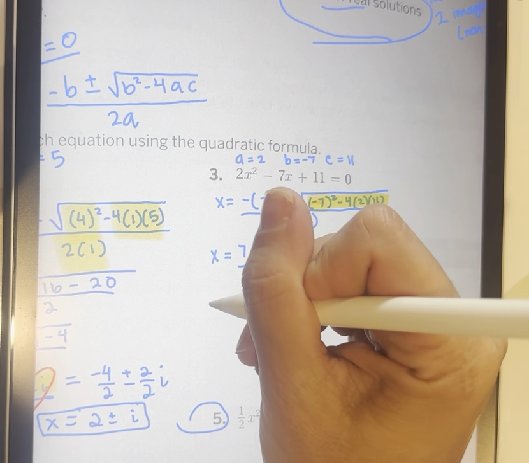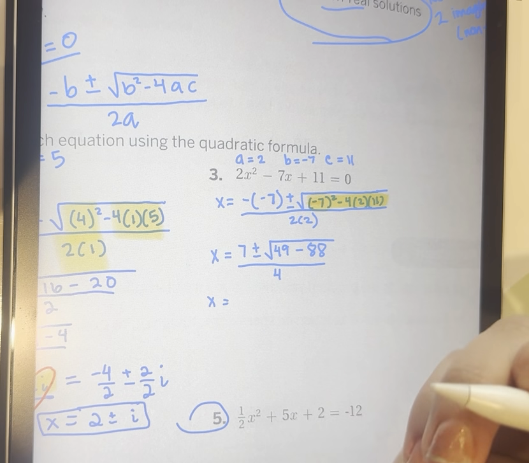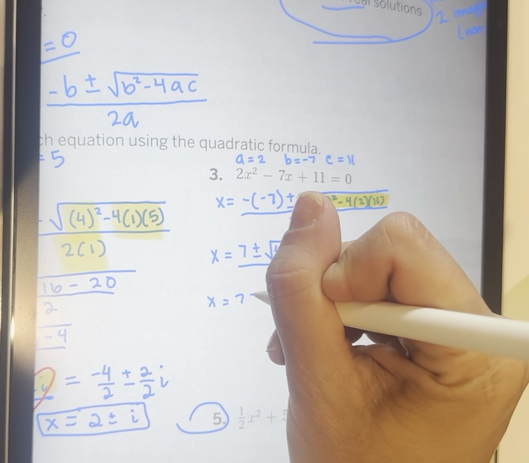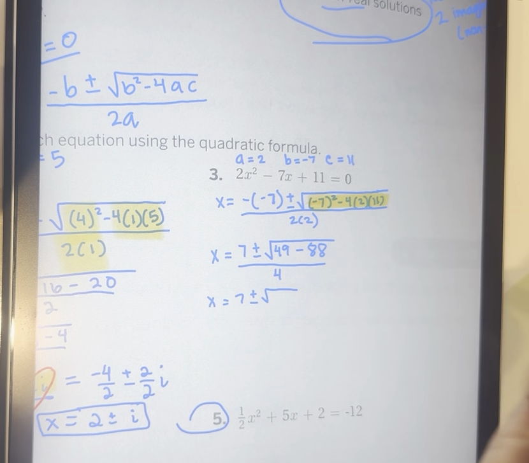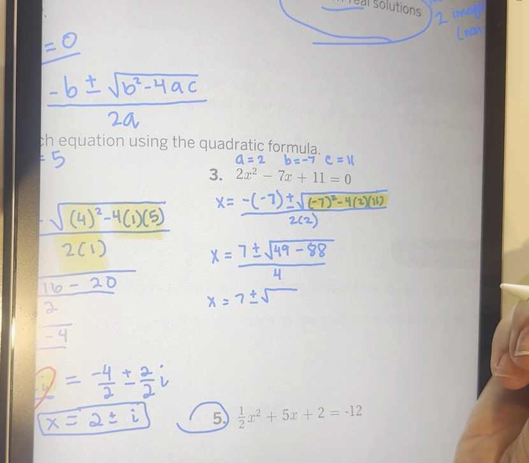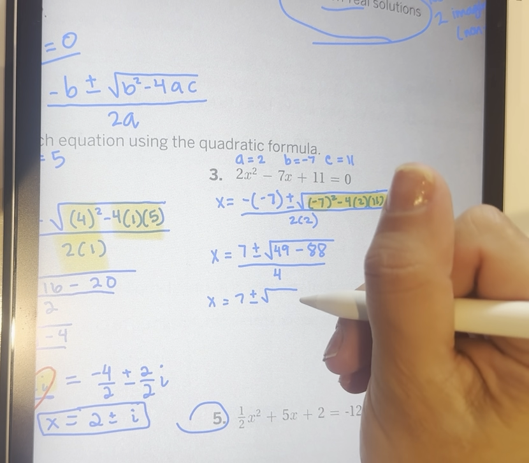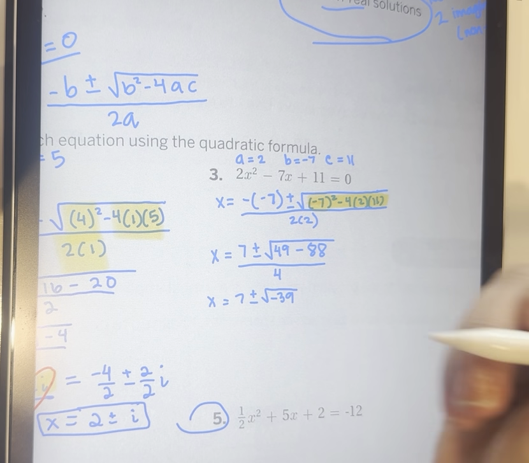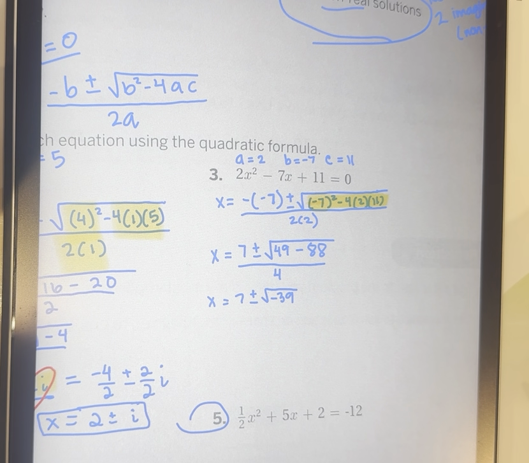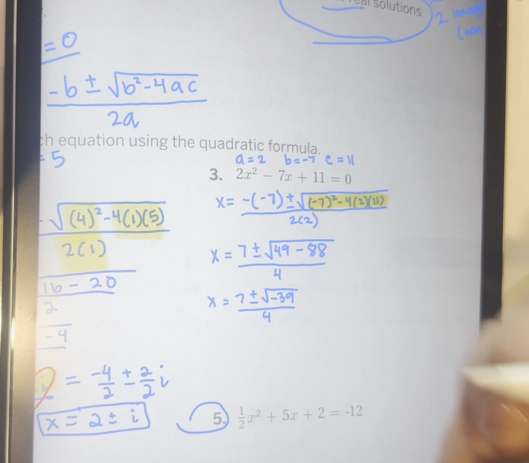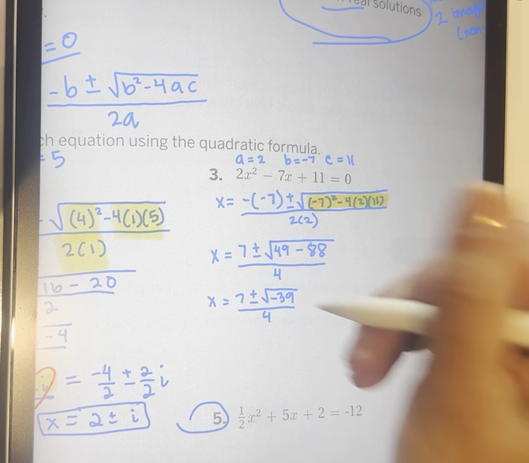Okay, now I'll simplify underneath that radical. So let's see what we have here. What is 49 minus 88? Is it 39? Yeah, it's 39. It's negative 39. Okay, so yeah, I don't know why I'm not convinced, but I am convinced. It is negative 39 divided by 4. Okay, and so here we are. Now we simplify the radical.